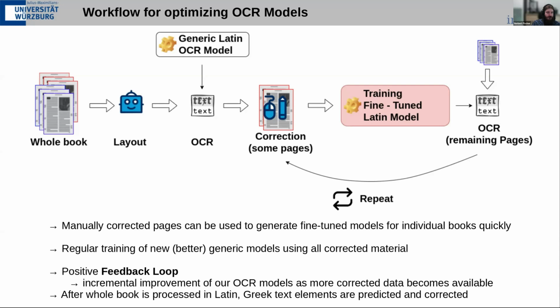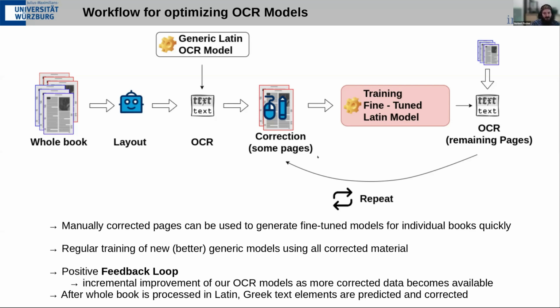Now the workflow looks like this, that we take the whole book as an input and feed it into our automatic system. The first step is that the whole book runs through our layout recognition. Then it runs through the OCR using the generic Latin OCR model. Afterwards, human annotators correct some of the pages. So for example, the first 10 or 20 pages could be corrected.